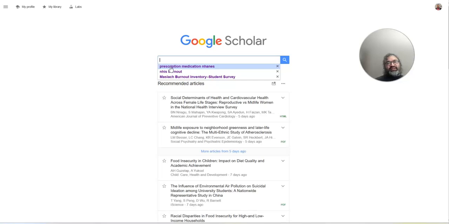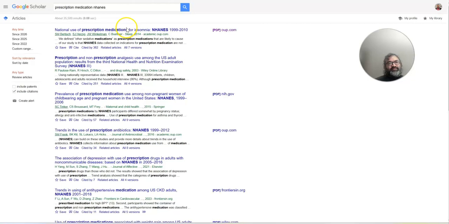So what I did, Google Scholar is free to anyone and everyone, I typed in prescription medication in NHANES and all of these different sources pop up. You should go into each of these sources and take a look at where the prescription medication data was collected.